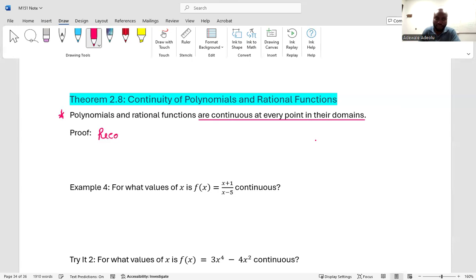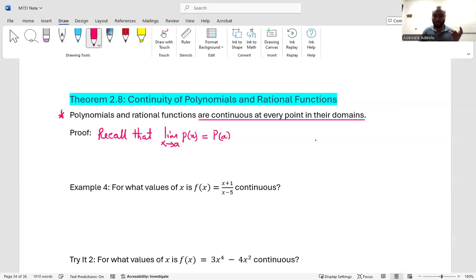I would just say recall that the limit as x goes to a of, let's say, p of x is the same thing as p of a.